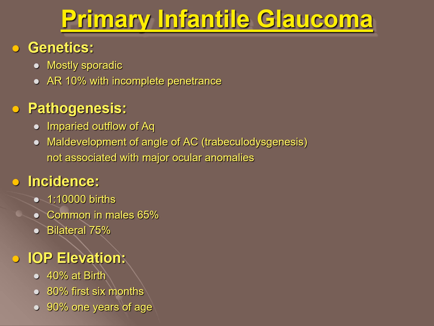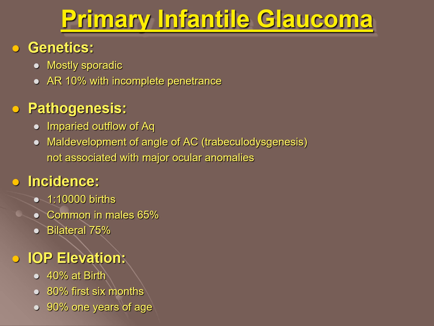So it is not associated with other major ocular anomalies. As far as incidence is concerned, it is 1 in 10,000 live births. It is most common in males, 60% of the males are affected. And bilaterality is about 75%.